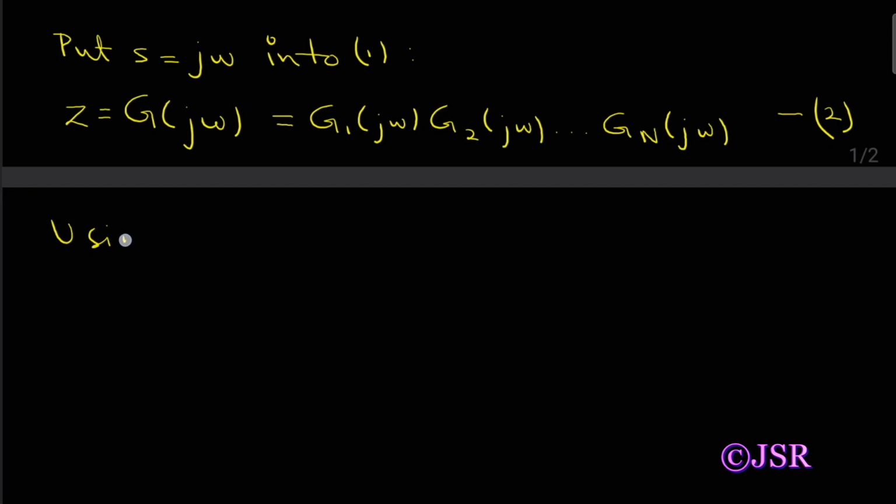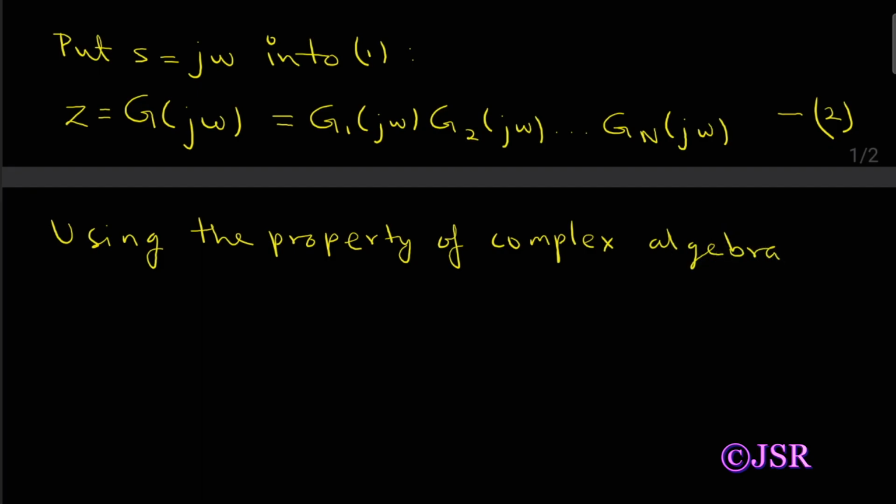So using the property of complex algebra, where Z equals the product of two complex numbers, let's say Z equal to Z1 into Z2, the mod of Z will be equal to the mod of Z1 into the mod of Z2.